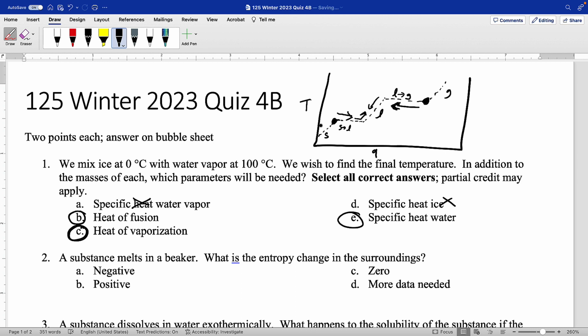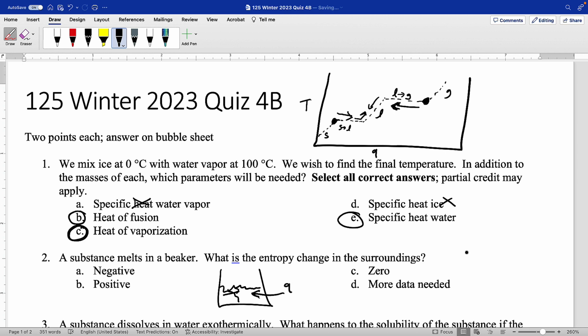Number 2, so we've got a substance in a beaker, and we're imagining taking this and having it melt and form a liquid. And we know that to do this is going to require heat. We're going to put heat into this. We can't melt something without putting heat into it. If we're putting heat into it, then that heat had to come from the surroundings.